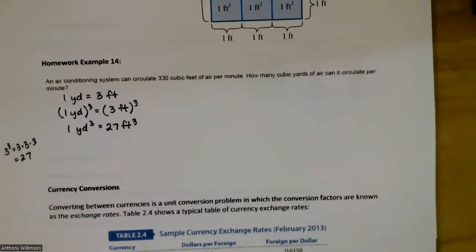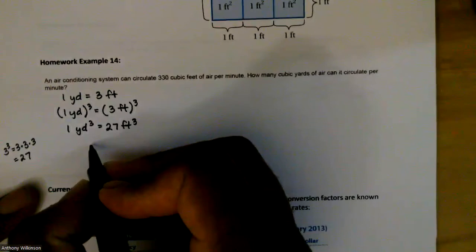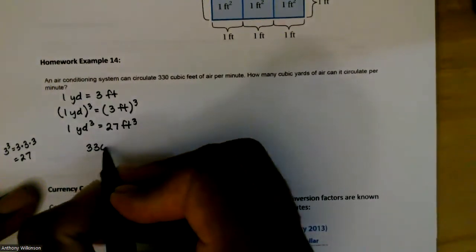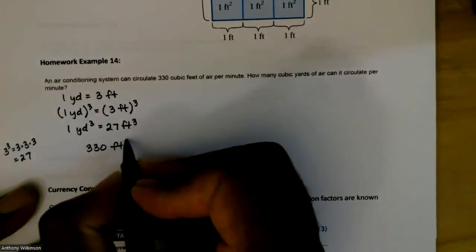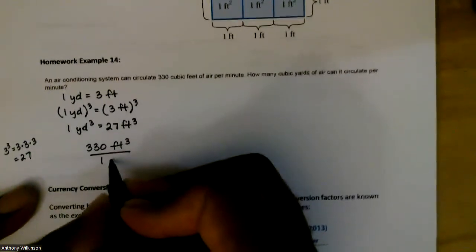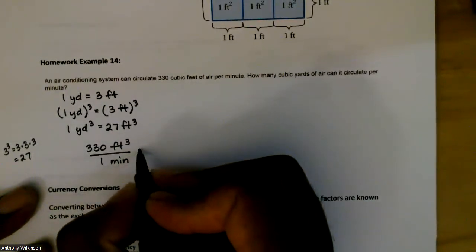So 1 cubic yard is equivalent to 27 cubic feet. Now we got 330 cubic feet. We want to find out how many cubic yards of air can circulate per minute. 330 cubic feet of air per minute. That's a rate, actually, I should say. So 330 cubic feet per 1 minute.